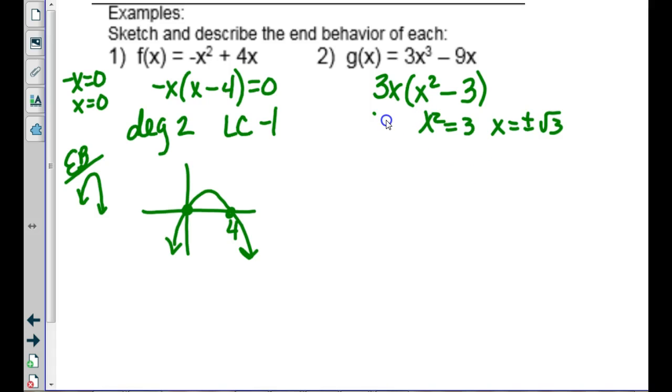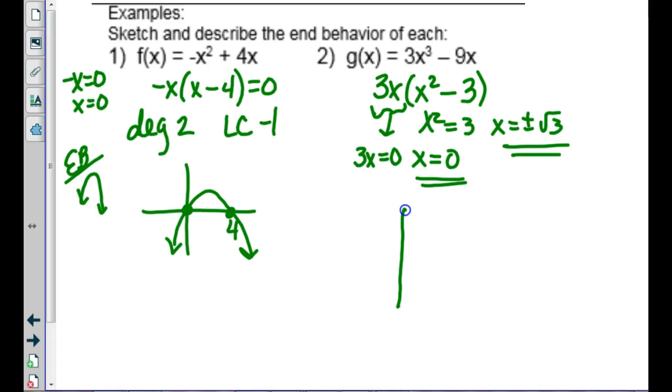And a zero where? I set 3x equal to 0, which means there's a zero at 0, not 3. The 3 is just a stretch, guys. Okay, so we have a 0 and a plus or minus square root of 3.